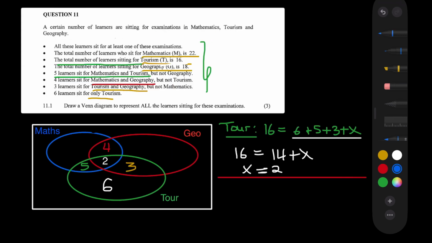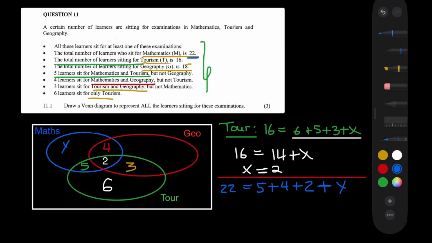So now filling in the rest of the information, we know that the total number of learners who sit for mathematics is 22, meaning all the numbers inside the blue circle are supposed to add up to 22. So we have 22 is equal to 5 plus 4 plus 2 plus our unknown, which we're just going to denote as y.